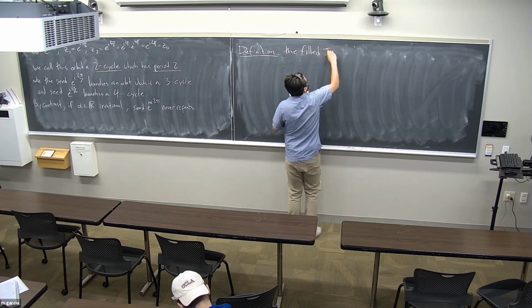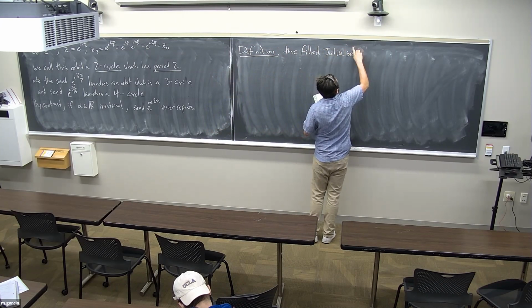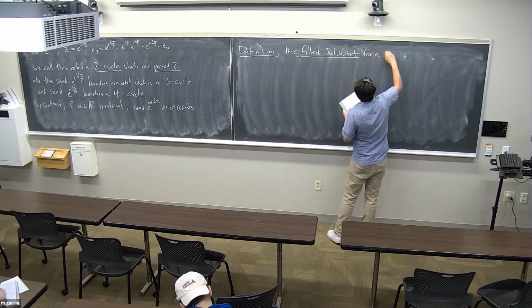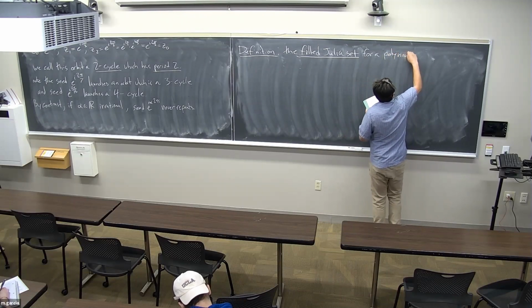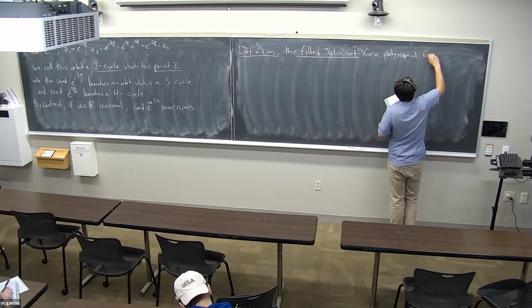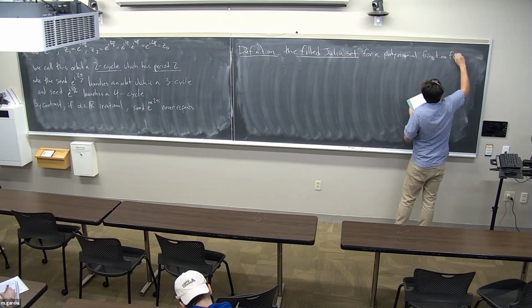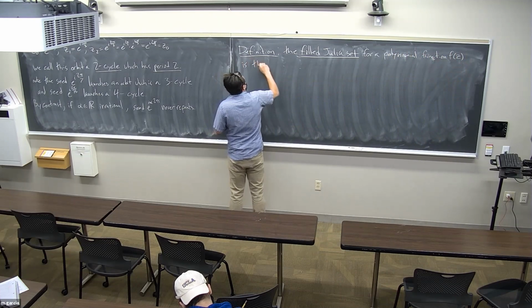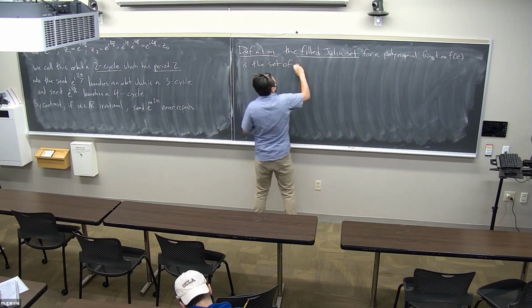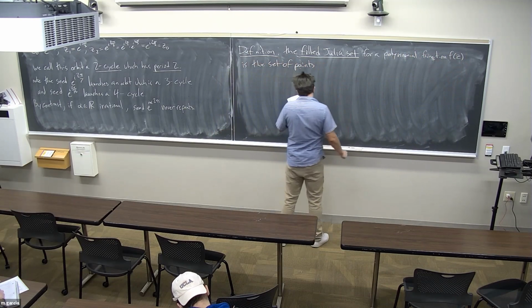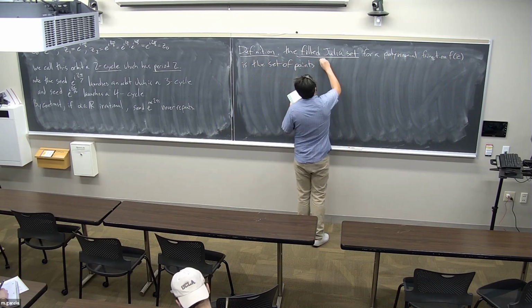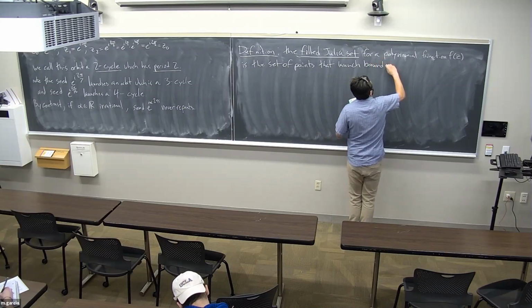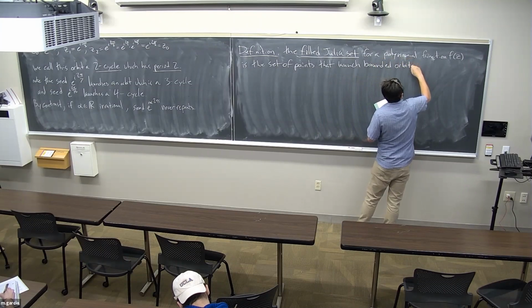Filled Julia set. For a polynomial function f of z, the filled Julia set is the set of points that have bounded orbits under f.